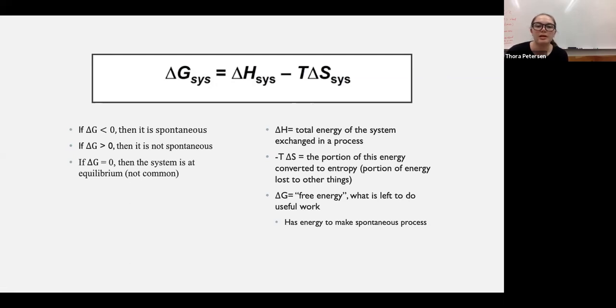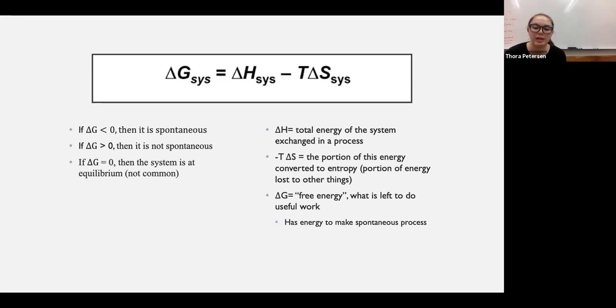So what does each thing stand for as well? Delta G determines whether it's spontaneous or not. It's the free energy, Gibbs energy, and it's what's left to do useful work. It's basically whether we have energy or not to make it a spontaneous process.